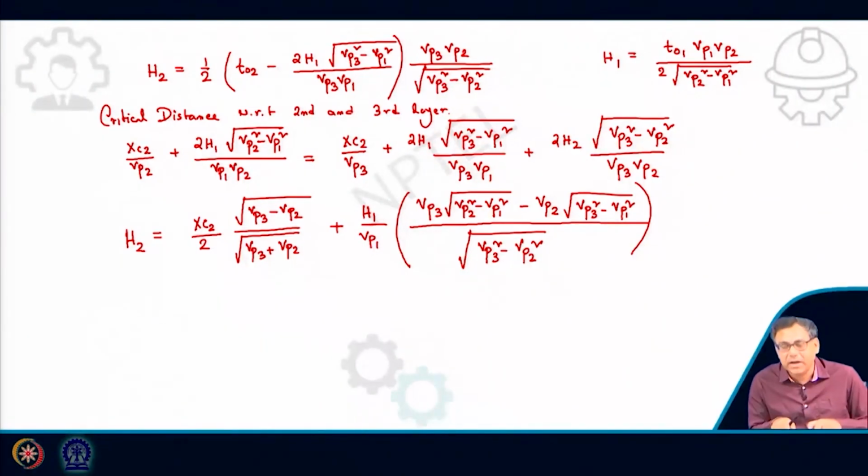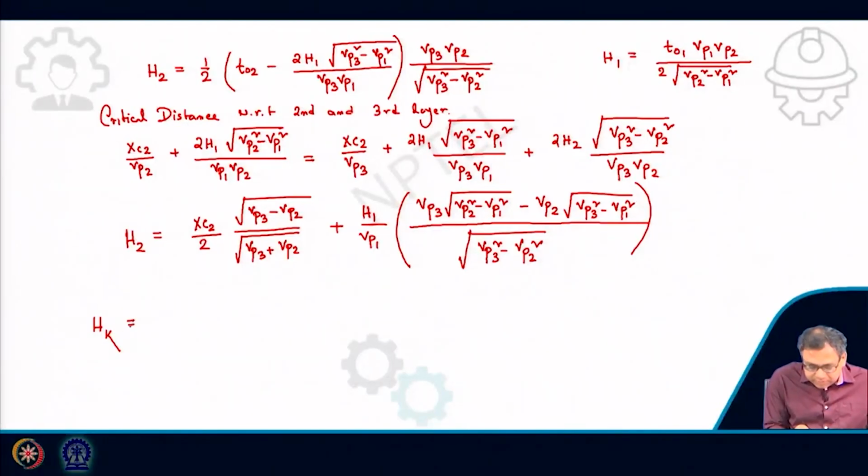Now from here I will give you the expression of thickness of the kth layer or n number of layers. Okay. So for the kth layer, 2 is now replaced by k.